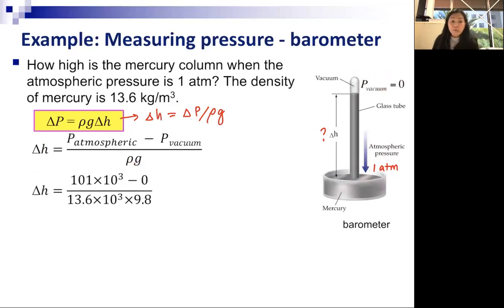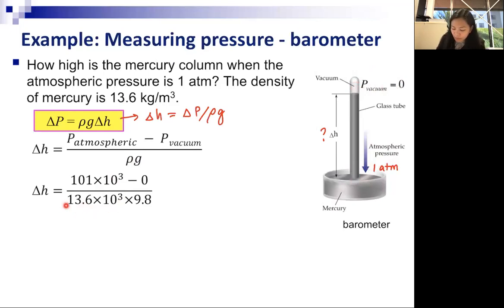Atmospheric pressure, that's P0, is always 101 times 10 to the 3. Atmospheric pressure is really just a constant number, 101 times 10 to the 3 pascals. The pressure in the vacuum is close to 0 because we can think of this as a negligible number of air molecules, so the pressure is approximately 0.